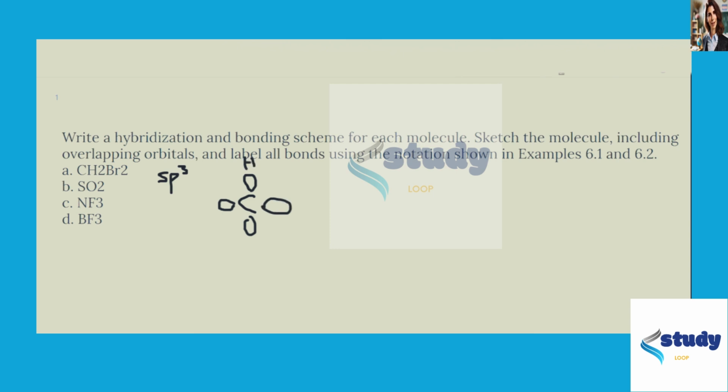So we're going to go to some hydrogen, 2 of those, and 2 bromines. Like this. And now we can't forget that bromines have lone electron pairs. So we need to fill those in to be complete.